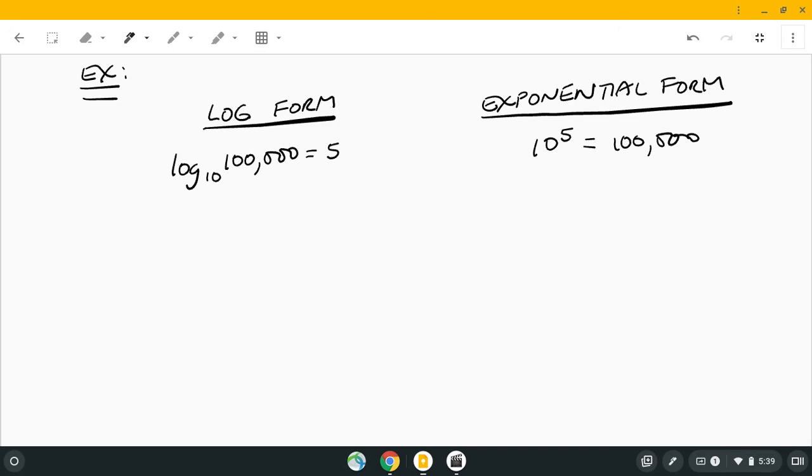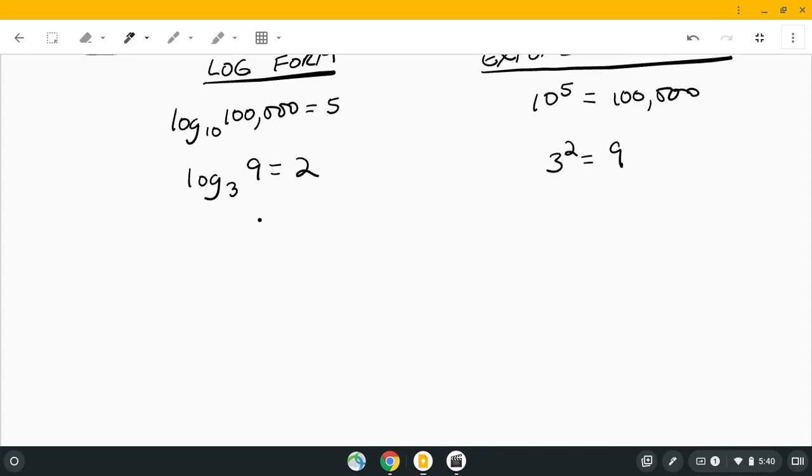Okay, let's take a look at another one. Suppose that I have log base 3 of 9 equals 2. Well, then the exponential form of this would be this same base, 3. So again, this number is also called the base. This is called the base. That's the exponent. Okay, so this base raised to this exponent should give me the number on the inside, and it does. 3 squared is 9.